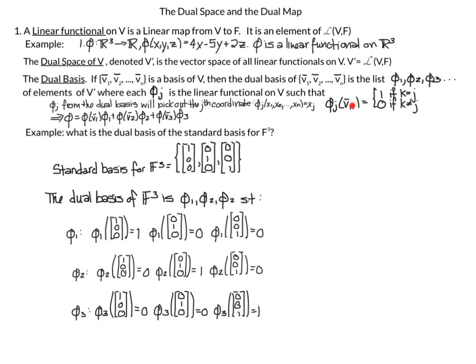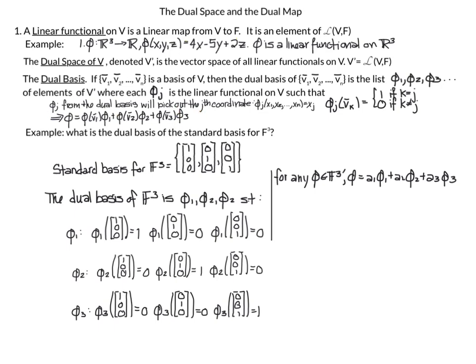Our phi_j of v_k is equal to 1 if j equals k, and it's 0 if k and j are not equal. So you can see here, phi2 is equal to 1 when we put our second basis vector in, 0 elsewhere, and phi3 is equal to 1 when we put our third basis vector in, 0 elsewhere.